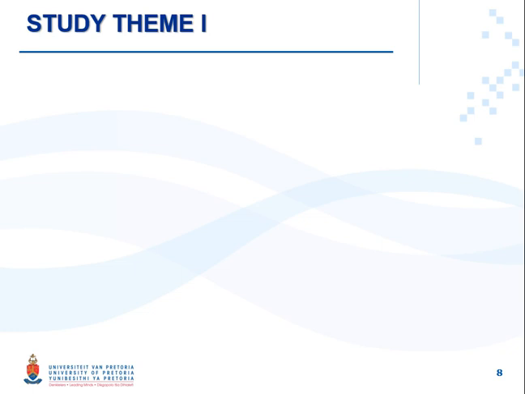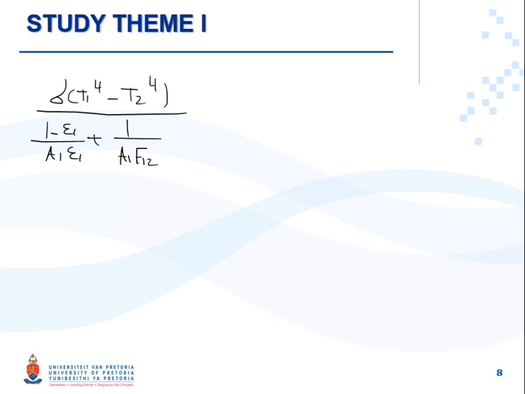Let me just write it down one more time. Sigma (T1 to the power of 4 minus T2 to the power of 4) divided by the resistances is equal to h A2 (T2 minus T infinity), or Tm basically.